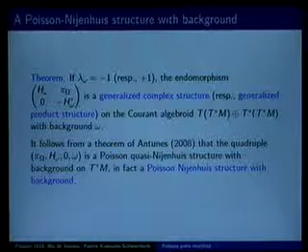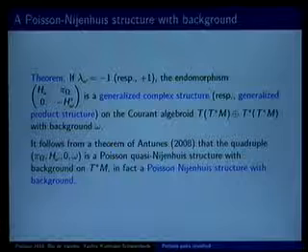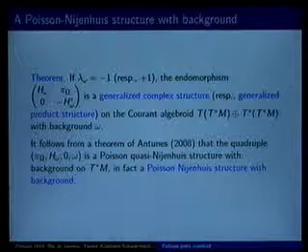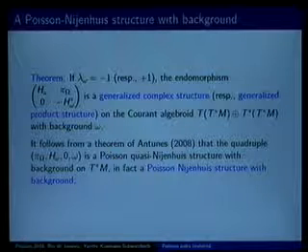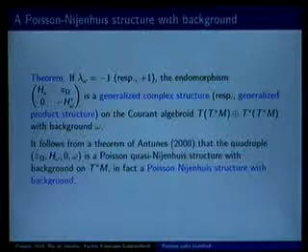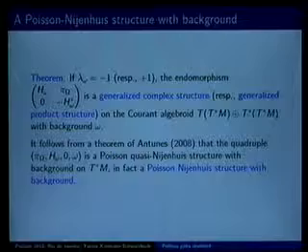Well, in this case, you obtain a generalized either complex in the case lambda omega equals minus 1, or product in the case lambda omega equals plus 1, structure on the twisted Courant algebroid which I described, which is the standard one twisted by the background three-form omega.